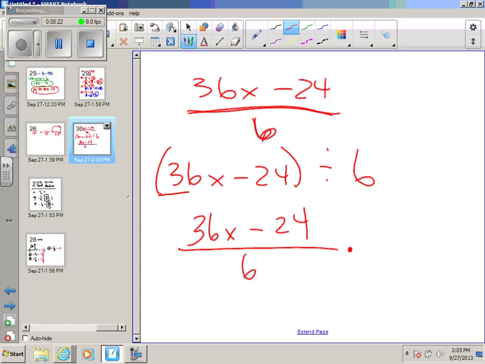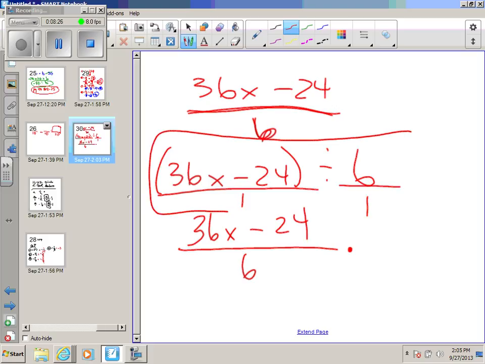Okay? If I say 36 over 1, maybe this is easier to see. I could take any division problem I want and put it into fraction form. If you were to see this as a fraction, 36x minus 24 all over 1 divided by 6 over 1, what you would end up doing is multiplying by its reciprocal.